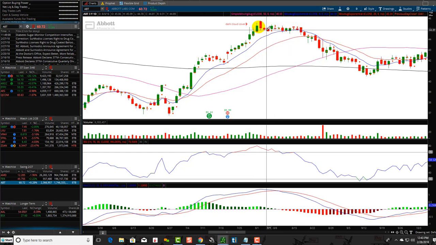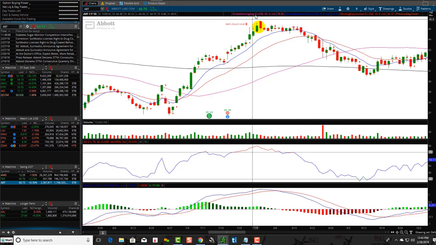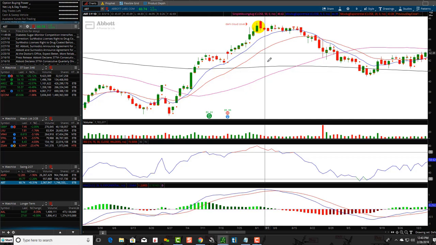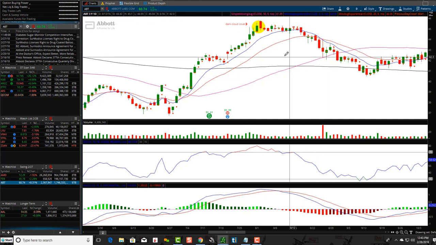Here's the confirmation candle, and as you can see, it traded sideways and then broke down. So don't discount it because it's not more than 50%. It's right about 50%. Understand what the pattern is doing in relation to the moving average lines and the other technical indicators. So that's a very close looking dark cloud cover for ABT.